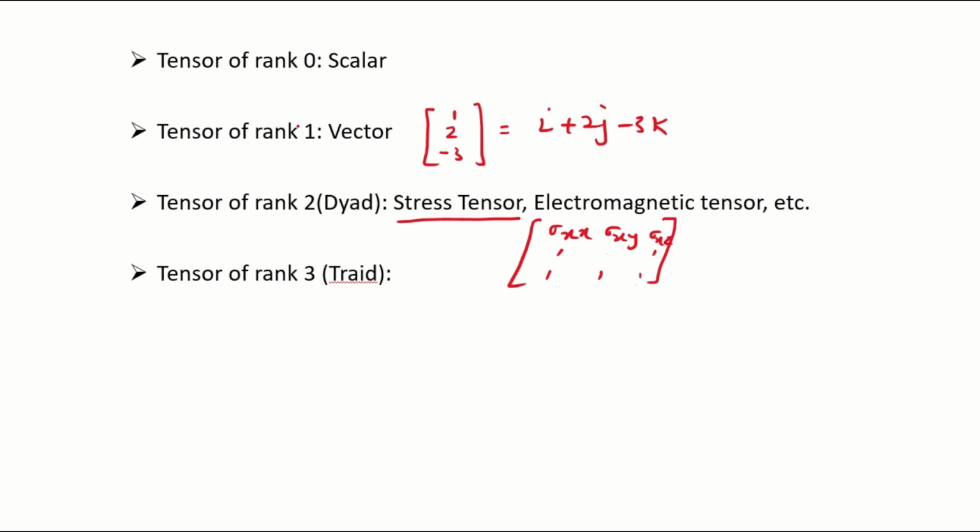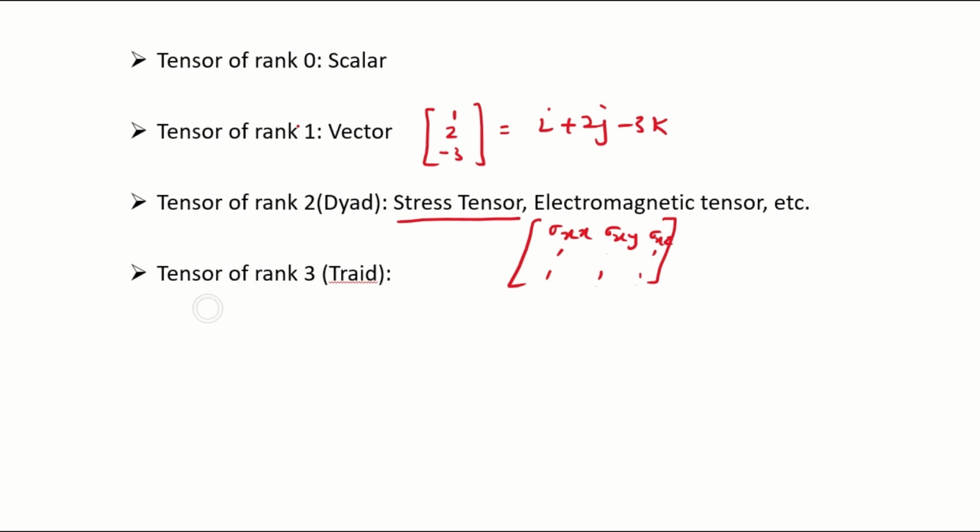So a tensor of rank 2 is a collection of tensors of rank 1. If you collect tensors of rank 2, you will get a tensor of rank 3. If you collect tensors of rank 3, you will get a tensor of rank 4, and so on, higher rank tensors.